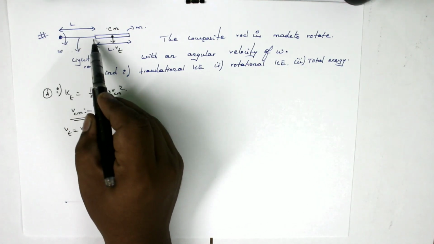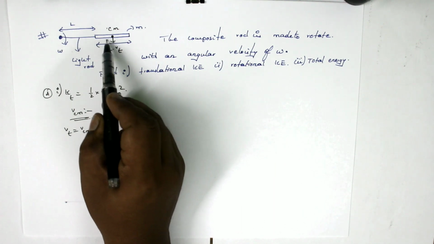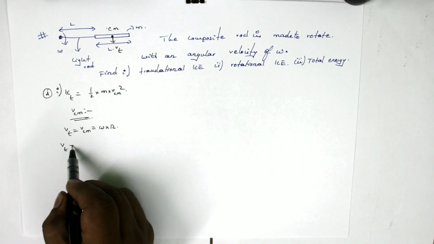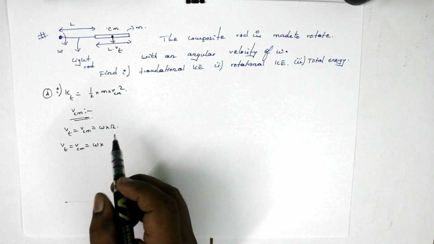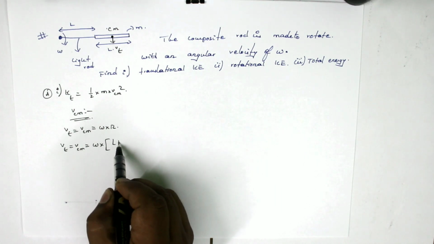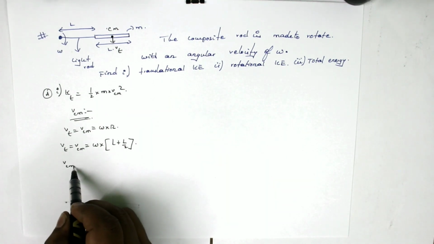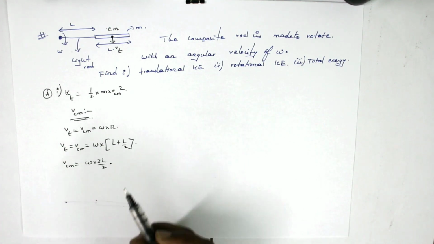L is the length of the first rod, and in the second rod it is at a distance of half of its length, which is L by 2. Therefore V tangential is equal to V center of mass is equal to omega into, instead of r I will write, L plus L by 2. Therefore V center of mass is equal to omega into 3L divided by 2.